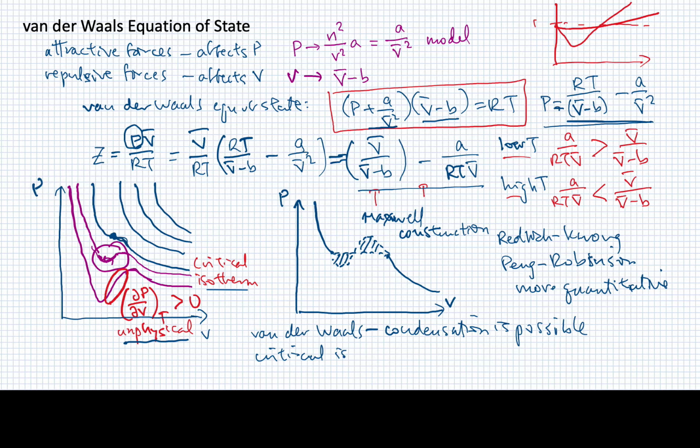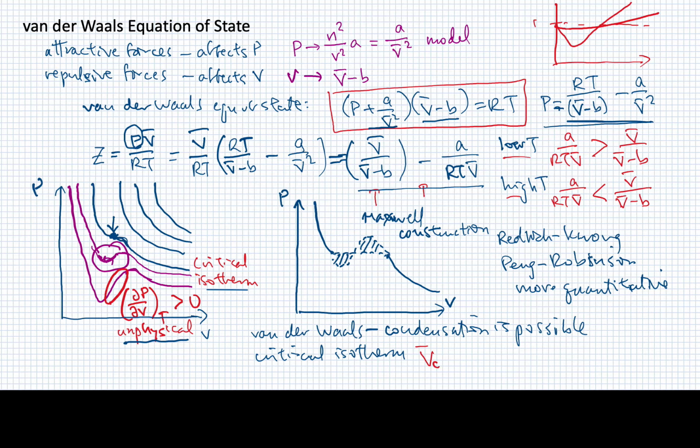Now, an interesting aspect of this is that you can actually solve for the coordinates that correspond to this critical point in this isotherm for the van der Waals gas. And I'll simply quote the results, but these are things that are not that difficult to solve for mathematically.